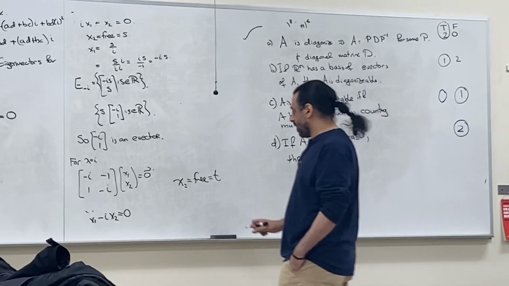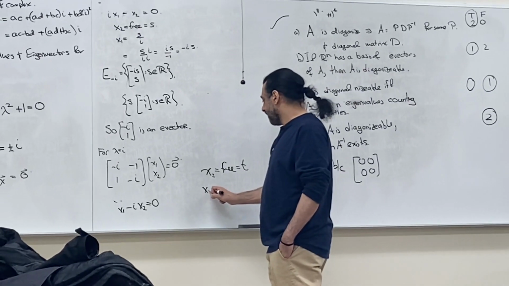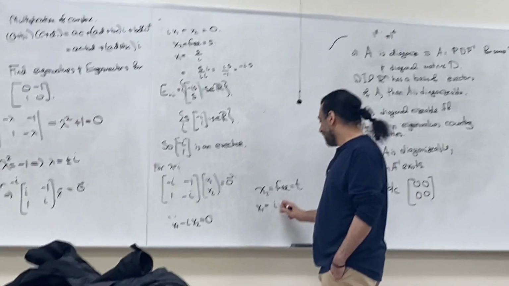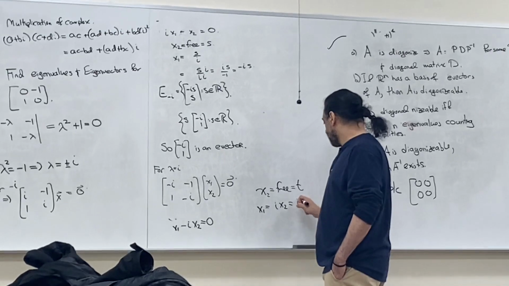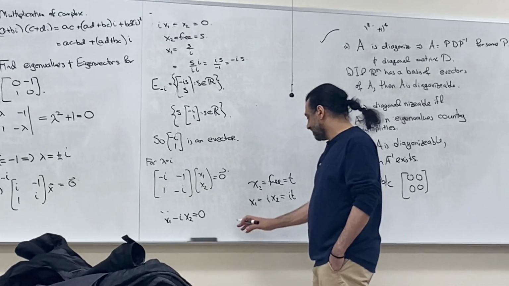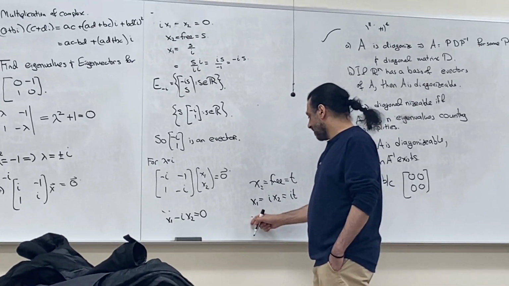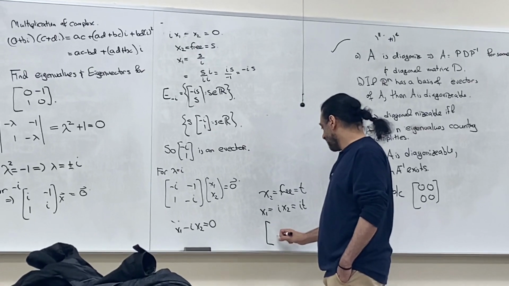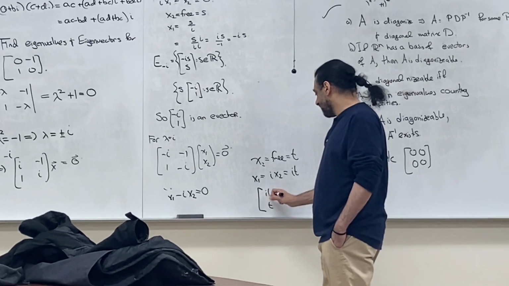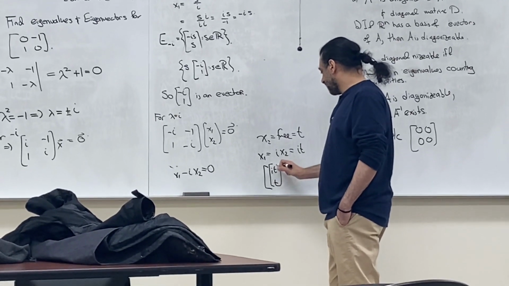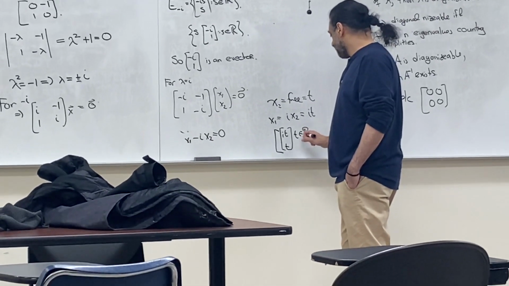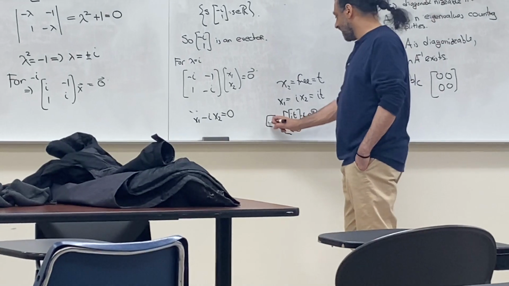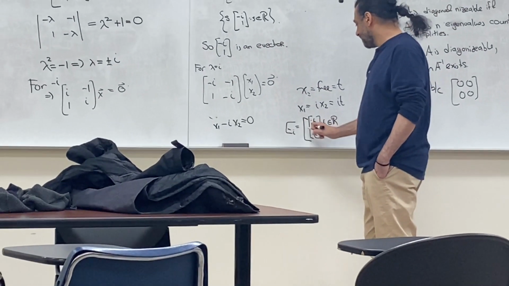Now x1 is equal to i times x2, which is equal to it. So my solution should be (t, it), such that t is a real number.